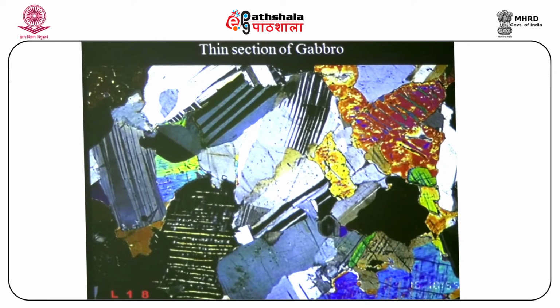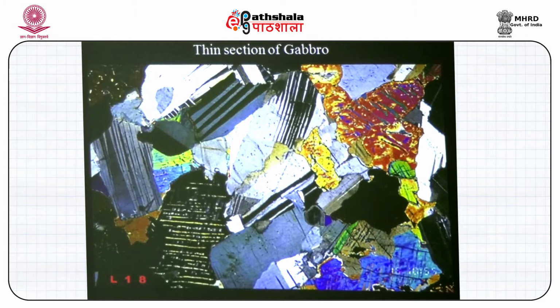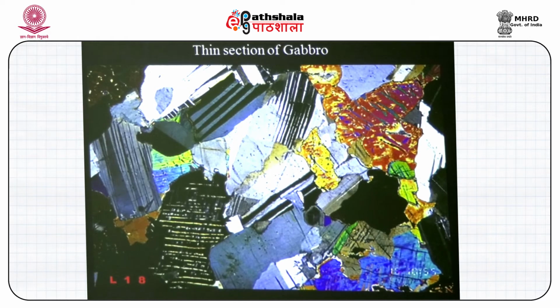The next very common igneous rock which is plutonic is known as gabbro. Gabbro is the equivalent of basalt, and they are mafic rocks based on the minerals, or based on geochemistry they are called basic rocks.